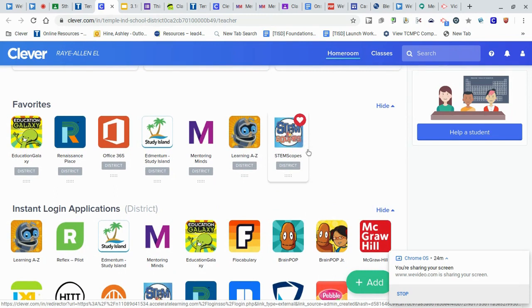Parents, for science, one of our major applications and best resources that our school has bought for us for science to back up teachers and to help our students is STEMscopes. And so your student would log into that, and it would say assignments, and you would see all these assignments. Don't panic when you see a whole bunch that are not completed. I leave those up, and I have playlists that have choice on them.